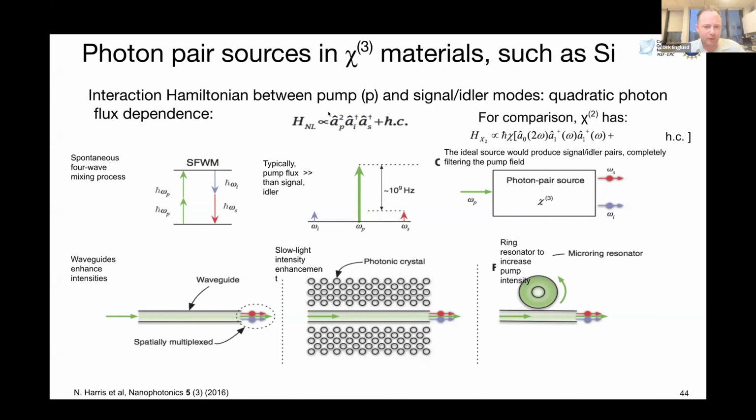Now, if one of the fields is excited by 2 pump photons, then this Hamiltonian shows how the fields couple nonlinearly, proportional to the chi3 coefficient of the material. These 2 photons at a pump frequency can couple to signal and idler photons as a way of producing spontaneous four-wave mixing.